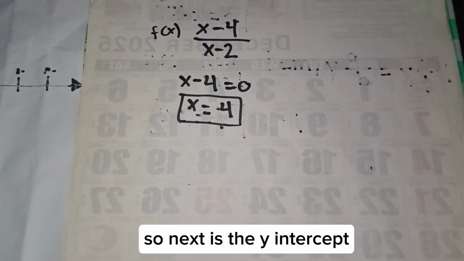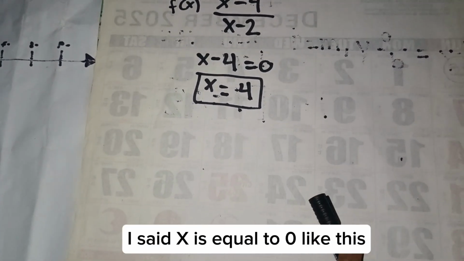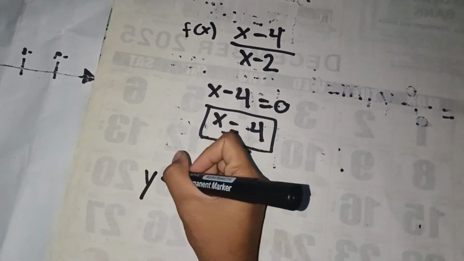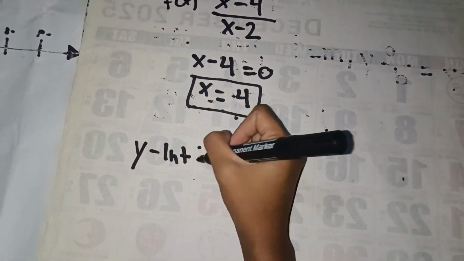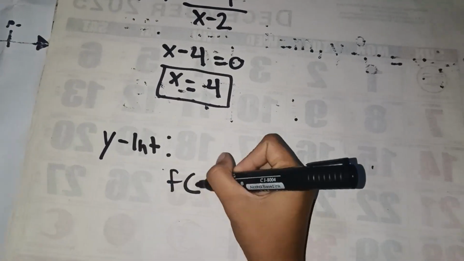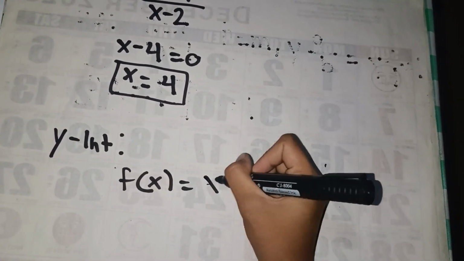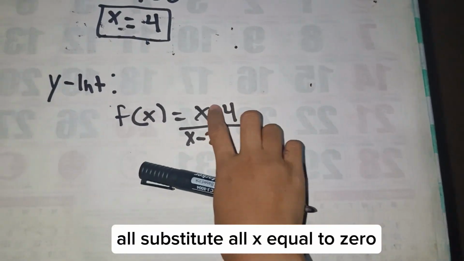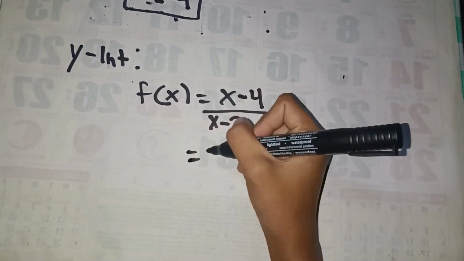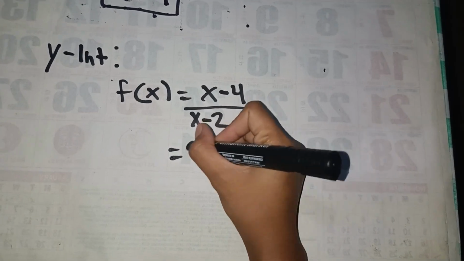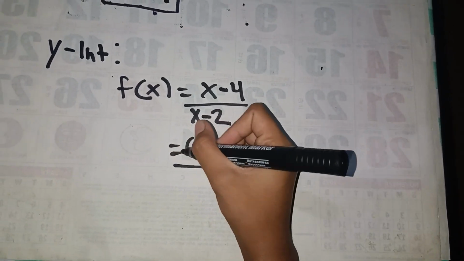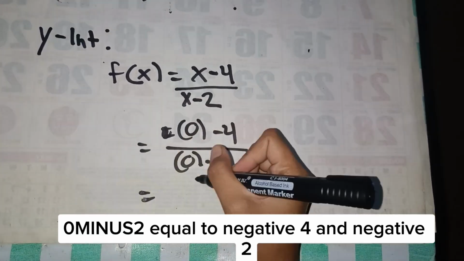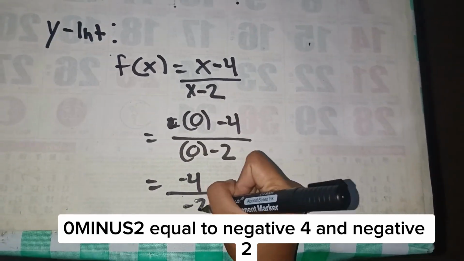So next is the y-intercept. To find the y-intercept, I set x equal to 0, like this. I'll substitute x equal to 0. 0 minus 4 over 0 minus 2 equals negative 4 over negative 2.